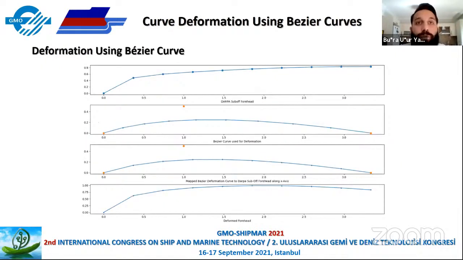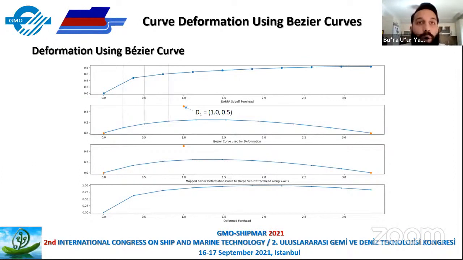For explaining the formation process clearly, the initial forebody of DARPA Suboff is plotted using 10 control points. It's the uppermost of the plots. And in the same manner, a Bezier curve using exactly the same first and last point of DARPA Suboff and the middle point, which has the coordinate of 1 in X direction and 0.5 in Y direction, is created also with 10 points.